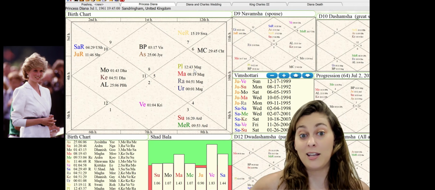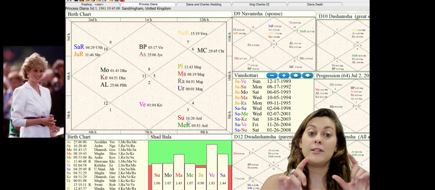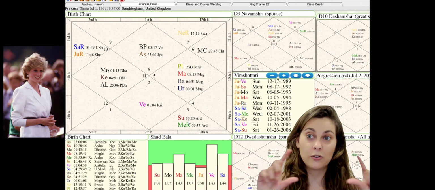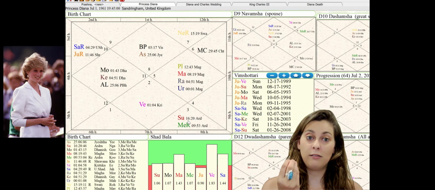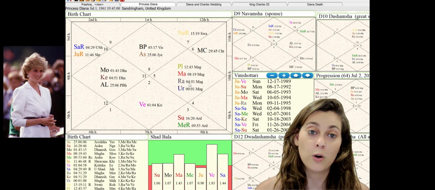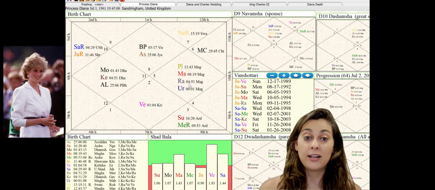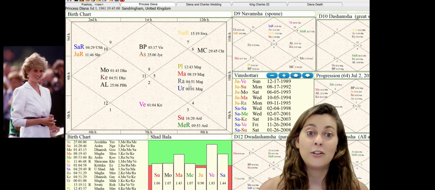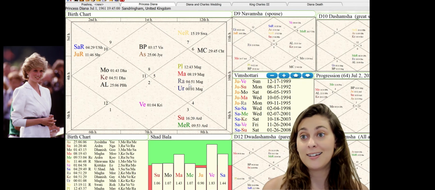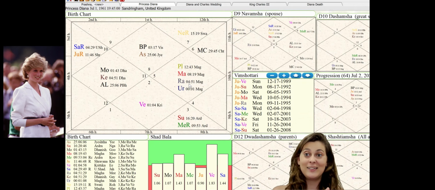highest degree planet is Sun, and it's only at 16 degrees. A sign spans 0 to 30 degrees. So when Rahu is at a low degree, like hers is at 4 degrees, and the sun, her highest planet, is only at 16 out of 30, you want to subtract 30 minus 4 degrees and 51 minutes.